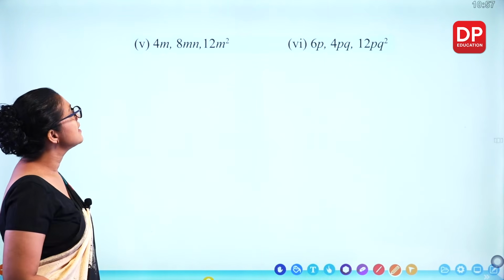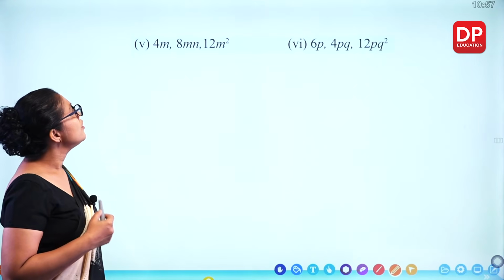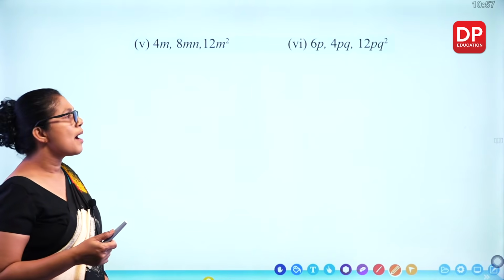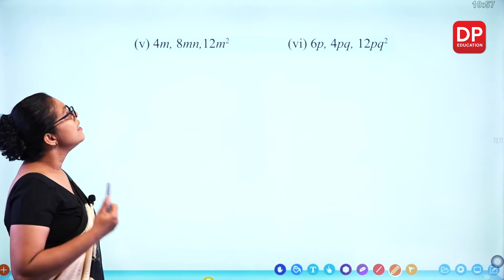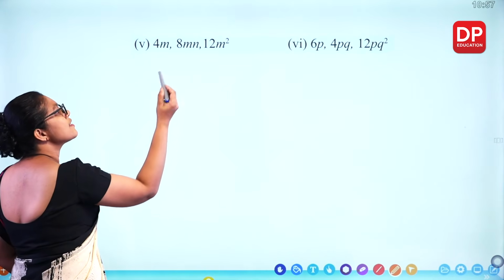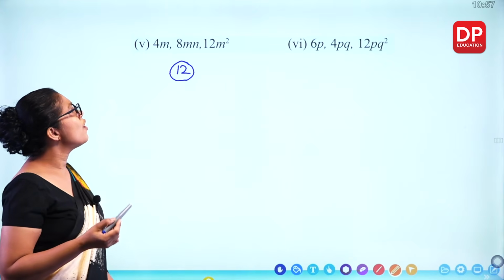Now, we'll look at this question. 4m, 8mn and 12m squared. Again, look at the numbers and find the least common multiple. 4, 8, 12. What's the largest number? 12. See whether this is divisible by 4.